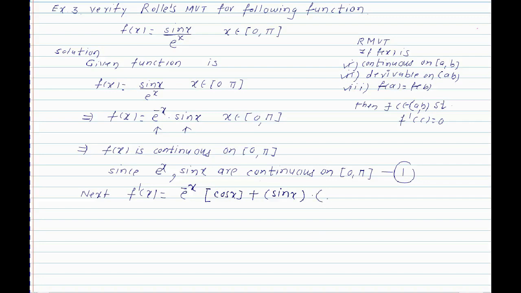So the derivative of e to the power minus x is e to the power minus x into the derivative of minus x, which is minus 1. Now we take e to the power minus x common, so we get cos x minus sin x.